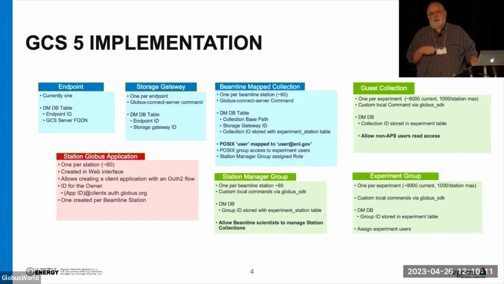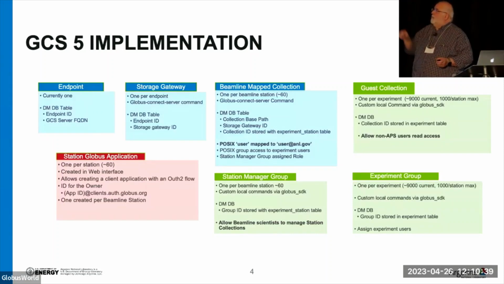Our beamline folks are going to need to make modifications to these, and create these on the fly as they run new experiments. So for those, we're using the Globus SDK and integrating this with our DM system. They're just added as part of our services. That allows us to have command line interfaces, hook them to our GUIs and so forth.